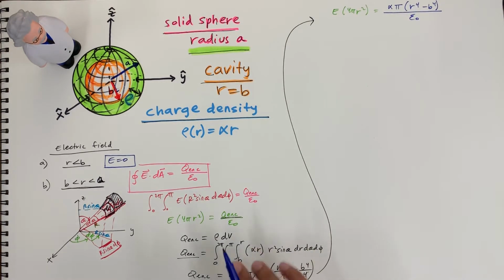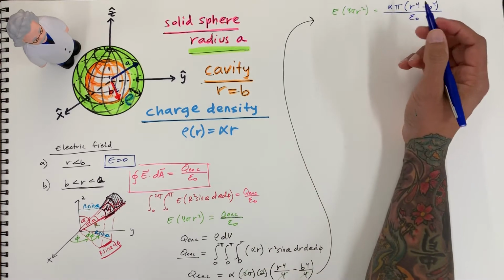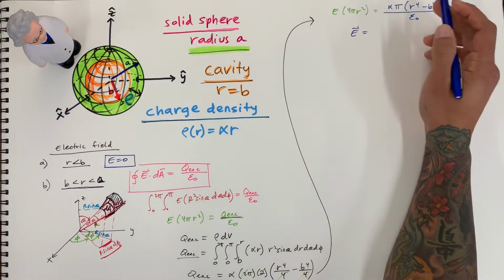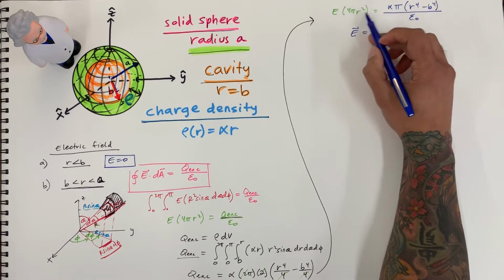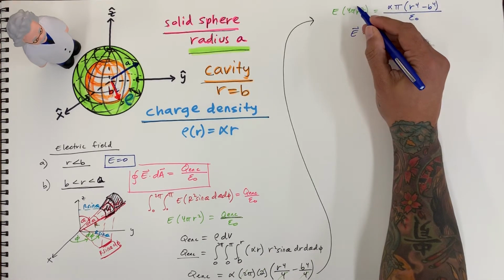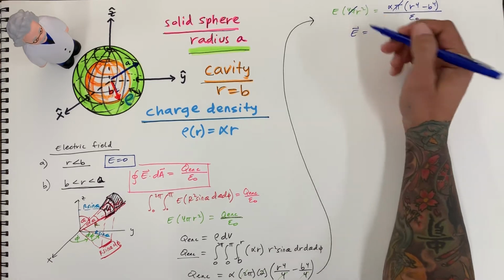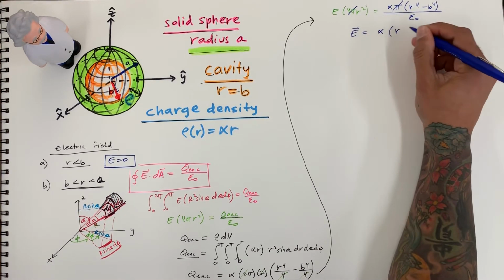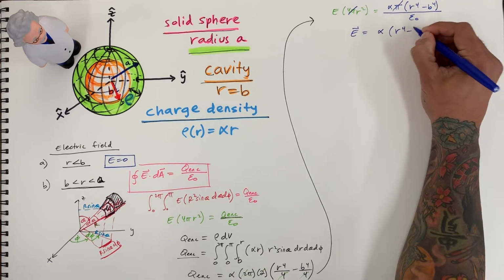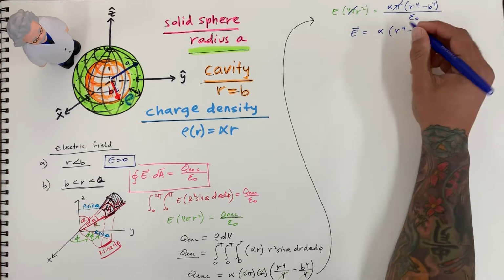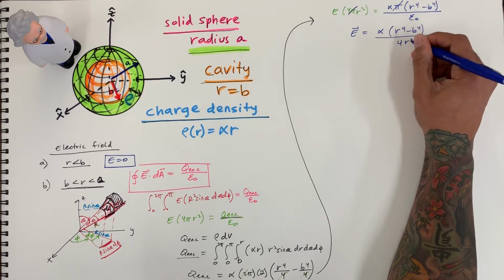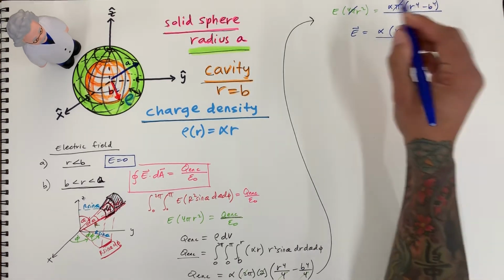Okay, so that's it. Now let's combine everything and the electric field. So we're gonna pass all this to this side, but the pi's are gonna cancel, and we're gonna be left with alpha r to the 4th minus b to the 4th over 4r squared epsilon naught.